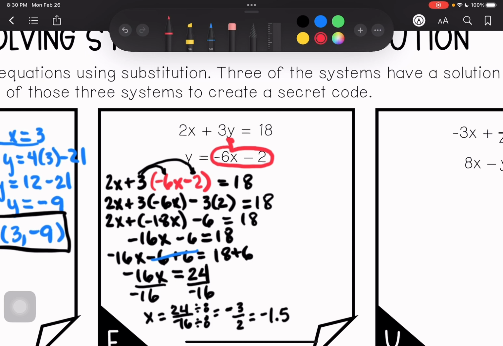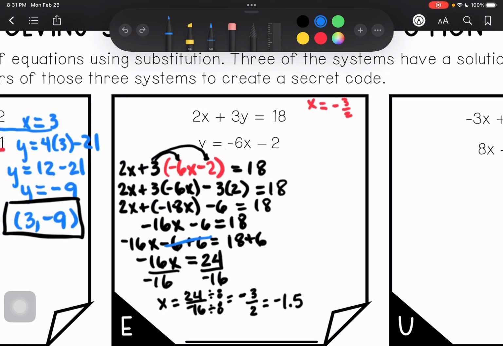Now we have to find the value of y. Since we know that x equals negative 3/2, we're going to substitute that into this equation, in place of x, right here. So it gives me y equals negative 6 times the value of x, which is negative 3/2, minus 2.